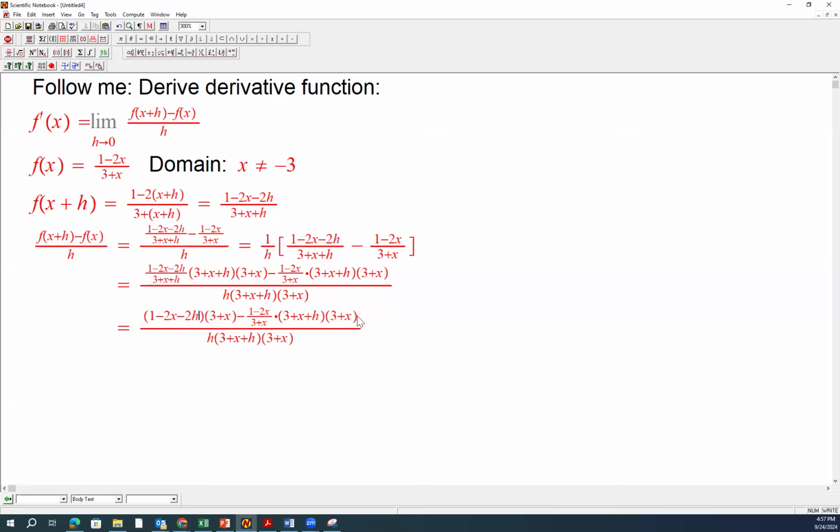The next part, 3 plus x in the denominator reduced, and you have 1 minus 2x, and that's going to replace the whole of that. And of course, we need the parentheses. This dot is not necessary, it's optional. So I'm removing it. You can have it either way.